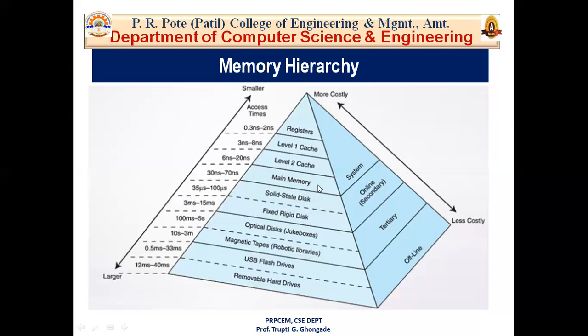Volatile means that when there is no power, they automatically lose their stored data. Whereas the last two hierarchies, that is magnetic disks and magnetic tapes, are non-volatile memory, which means they store the data permanently.